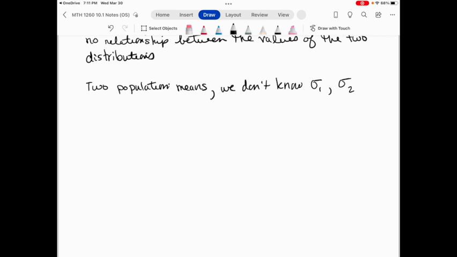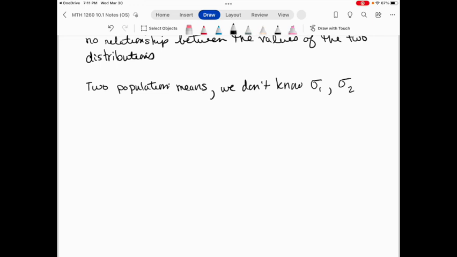And we're going to walk through how to run a hypothesis test in this case. Now, the steps of a hypothesis test are not going to change because we have two samples. The only thing that's going to change is how we set it up in the beginning. But the concept of each step is going to remain the same.